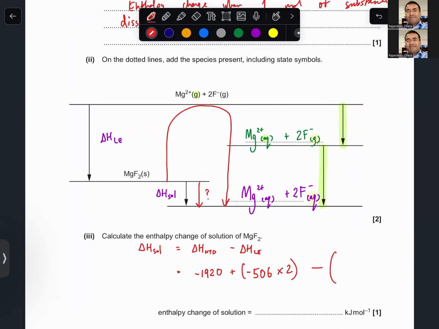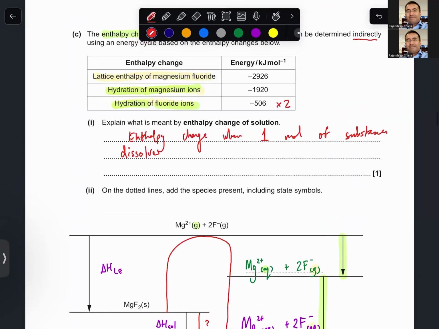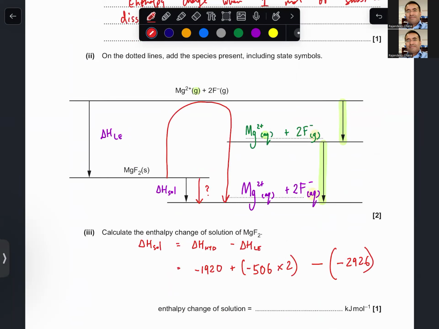Minus 2926. Please be mindful of arrows, signs, negatives, positives. We'll see what this says. Minus 1920 plus, open bracket, minus 506, close bracket, times 2, minus, open bracket, minus again, 2926, close the bracket, and the answer is minus 6.